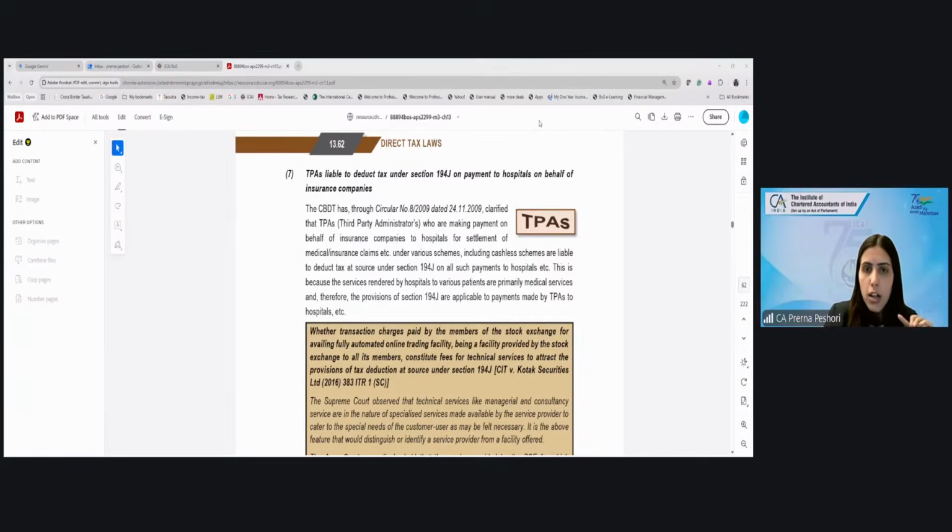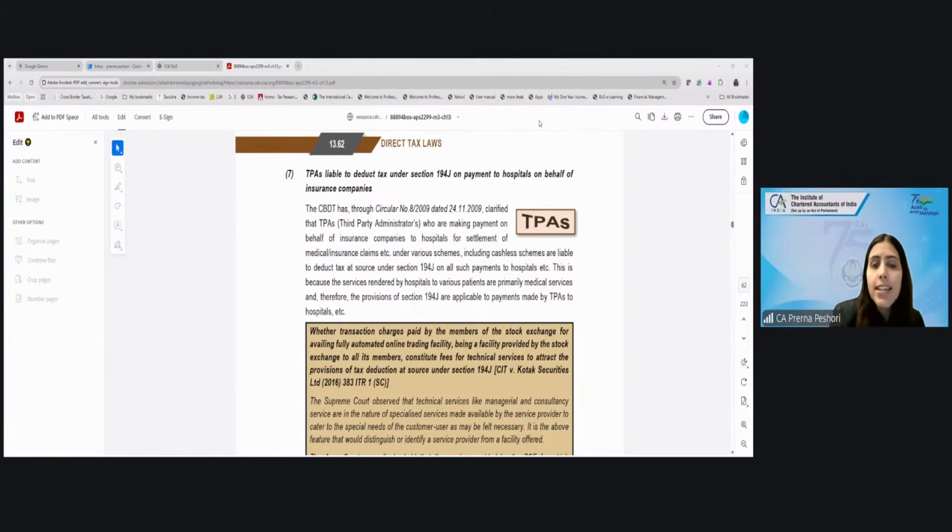So here, whether the TPAs who are making the insurance payment to the hospital, right? They are not technically making the insurance payment, they are basically clearing your dues to the hospital because you have the insurance.